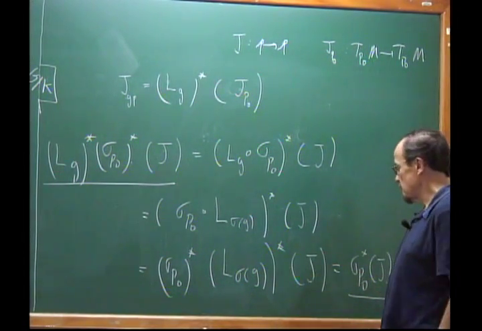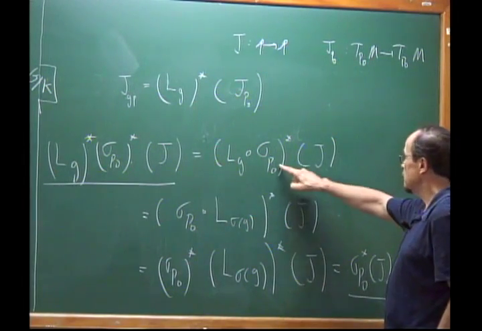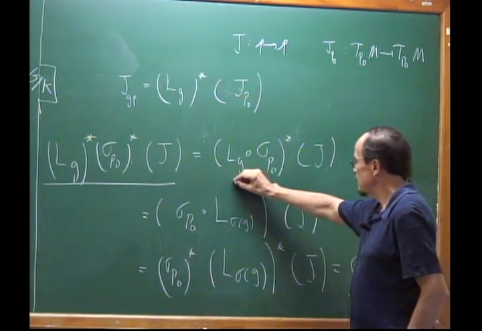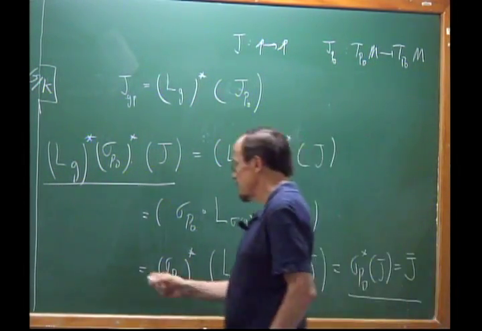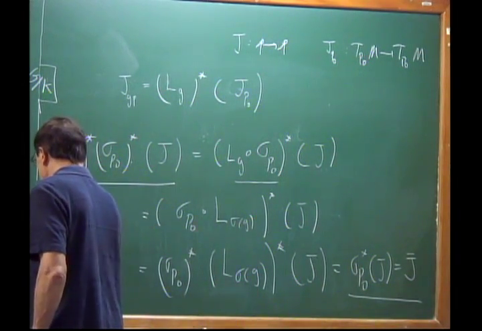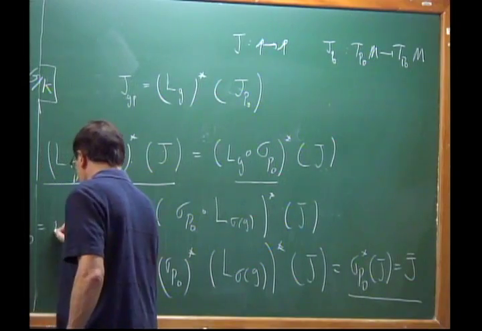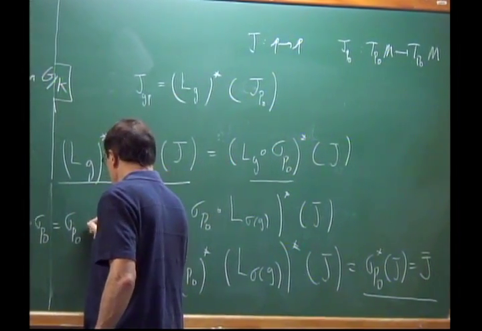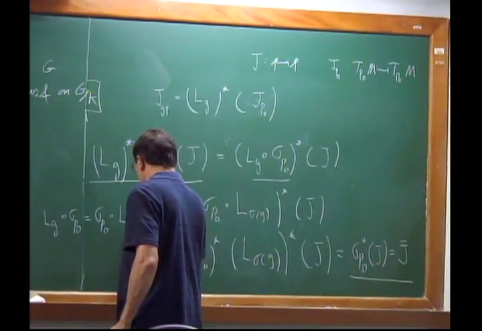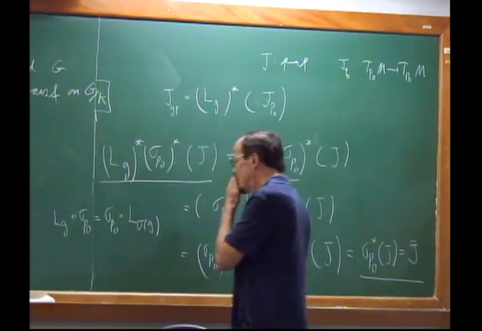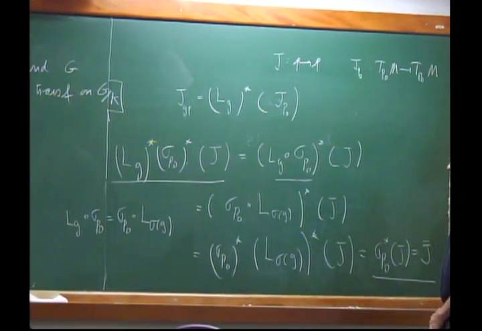Here, for this step right here, this is an equality that we've seen before. I claim the general fact was L G composed with the symmetry at my base point is the symmetry at the base point composed with L of sigma of G. So we've done that before.